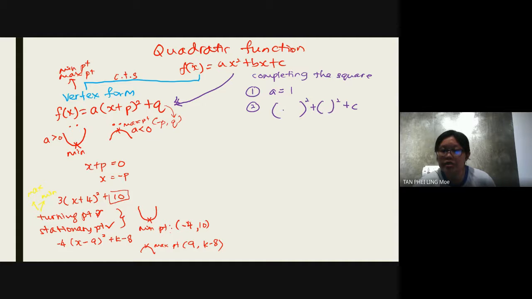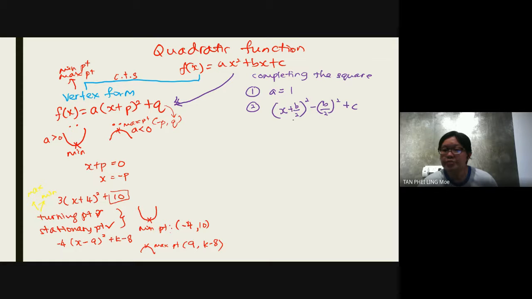It will be x plus b over 2. Oh, sorry, this one should be a minus, right? Big bracket squared minus small bracket squared plus c. So what is inside this small bracket? Also b over 2. So I repeat, the second step is big bracket squared minus small bracket squared plus c.